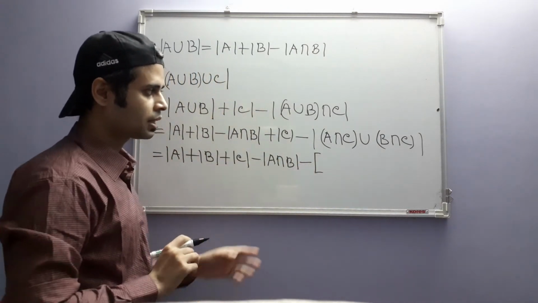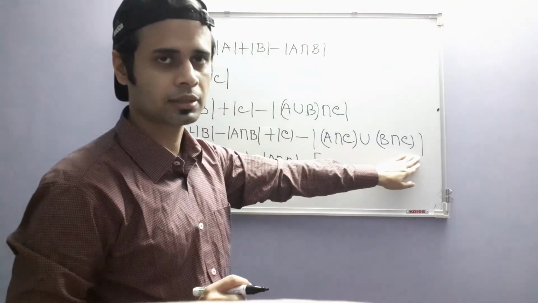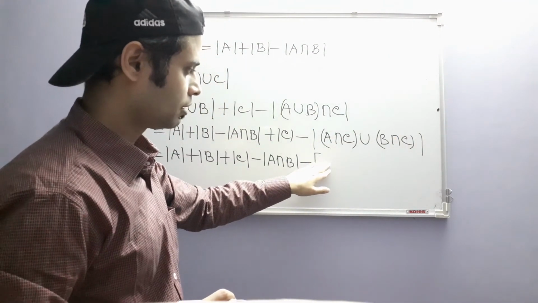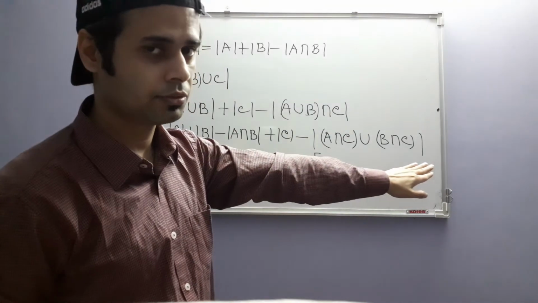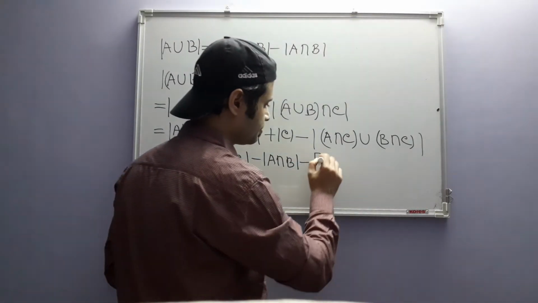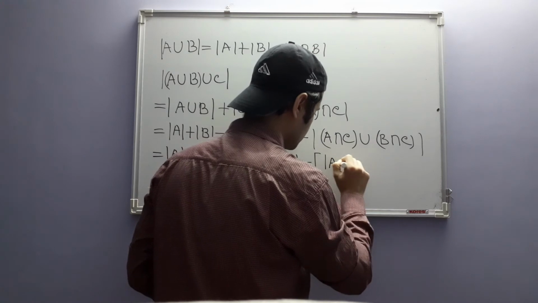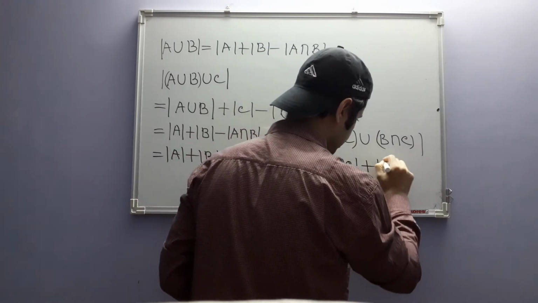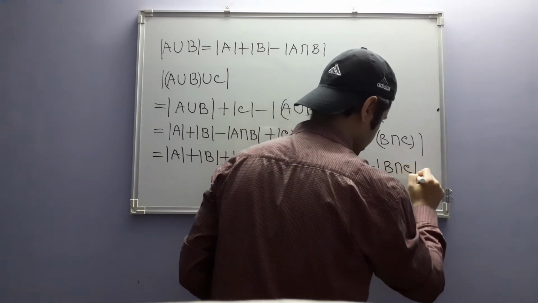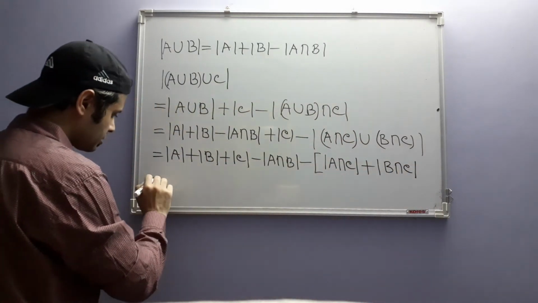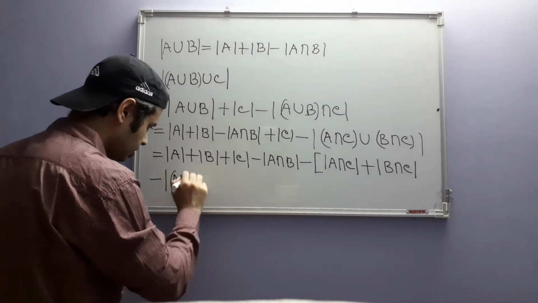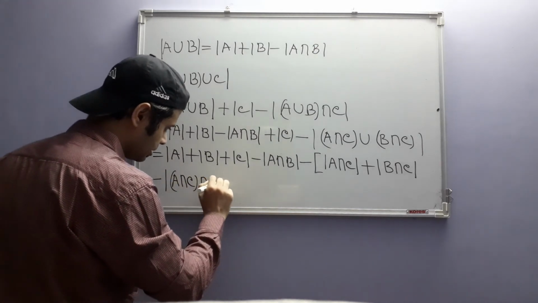So whenever you come across a minus sign and after that you have to write something, it's always wise to write that within brackets. Cardinality of A intersection C plus cardinality of B intersection C minus cardinality of A intersection C intersection B intersection C.